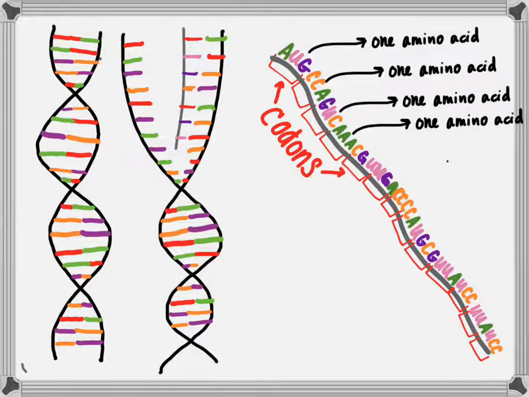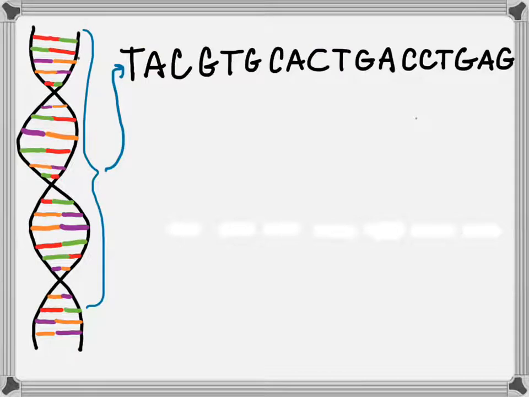You got that. Now, if we know the DNA sequence, we can actually build the protein that it provides instructions for. So let's start with the DNA sequence and transcribe the correct codon sequence to complement it. The DNA sequence shown here, TAC, GTG, CAC, TGA, CCT, GAG, gives us the first 7 amino acids in the protein hemoglobin, which is used by you and me and blue whales and coyotes, all mammals, to transport oxygen in the blood.